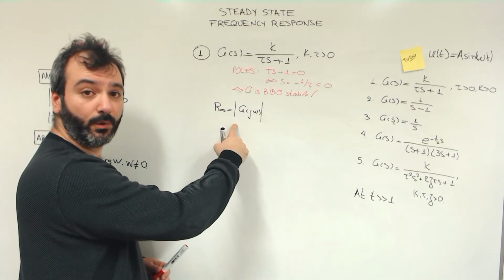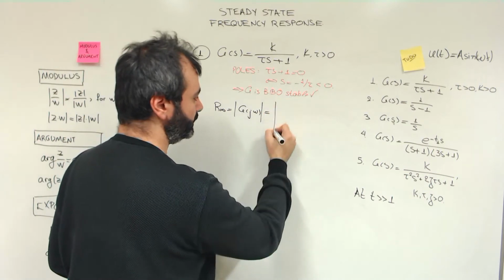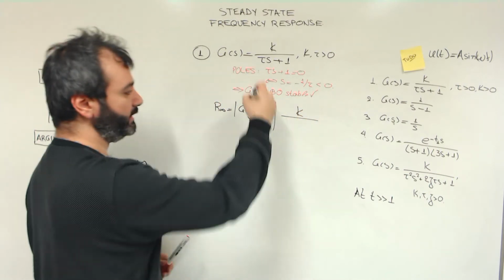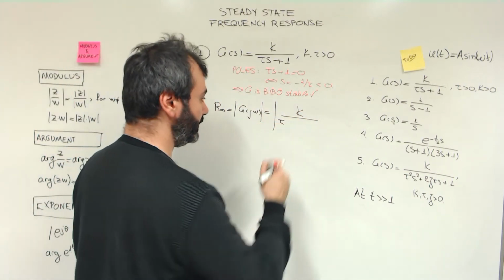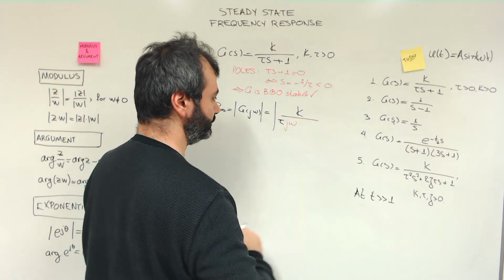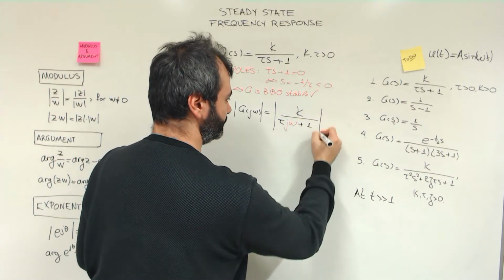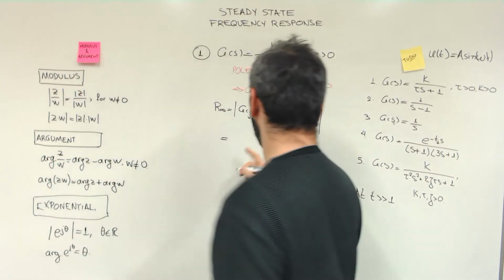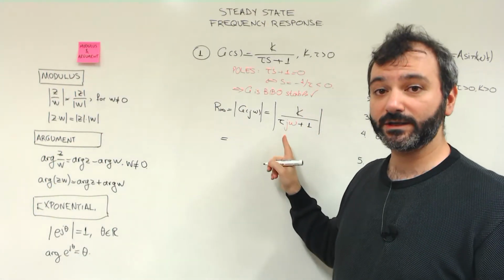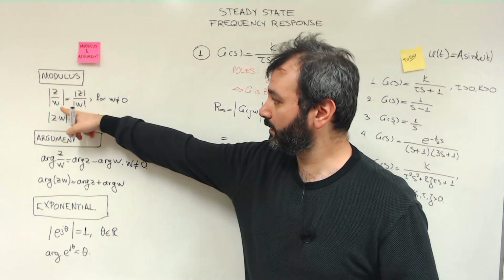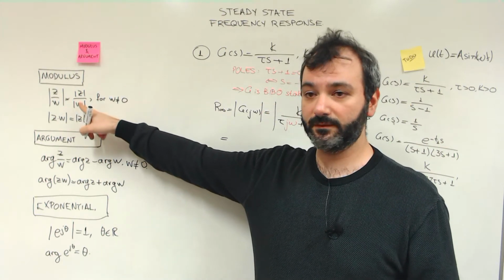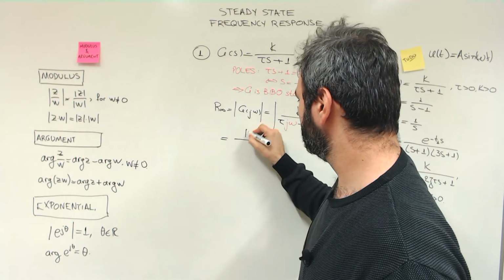R infinity is the modulus of G at j omega. Take G and substitute s by j omega. Now that's the modulus of a fraction, the modulus of a quotient. We'll apply this property here, the first one.